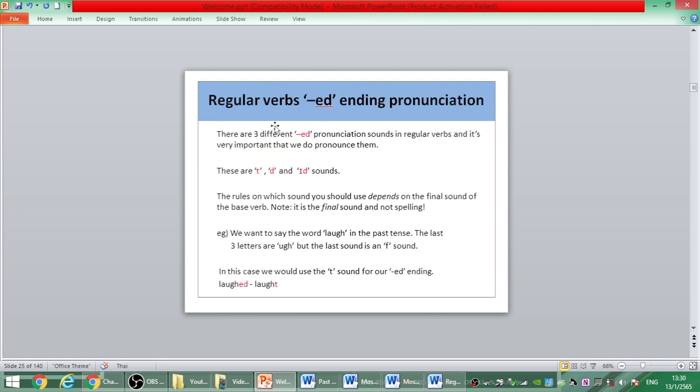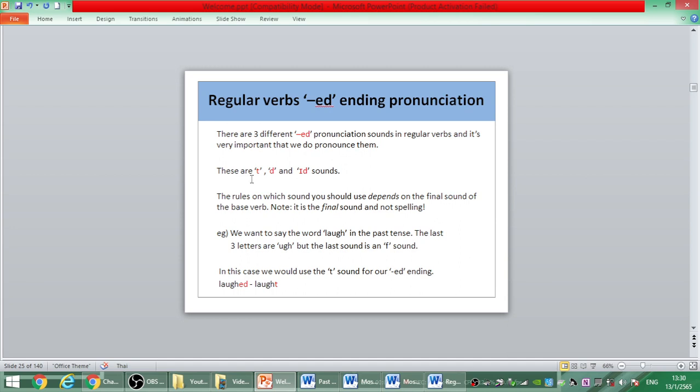Now this is where it gets a little bit complicated, so you might have problems with this, but I have made it as clear and easy as I can. Okay, so there are 3 different ED ending pronunciation sounds in regular verbs, and it's very important that we do pronounce them.